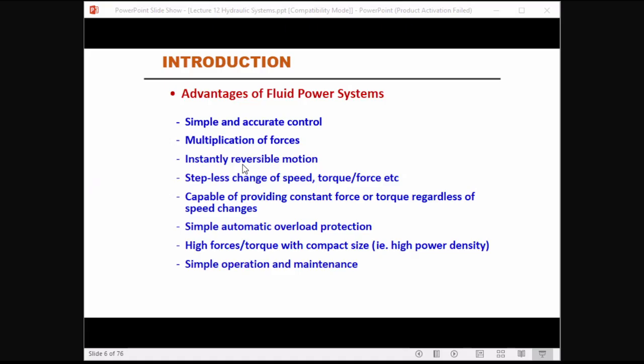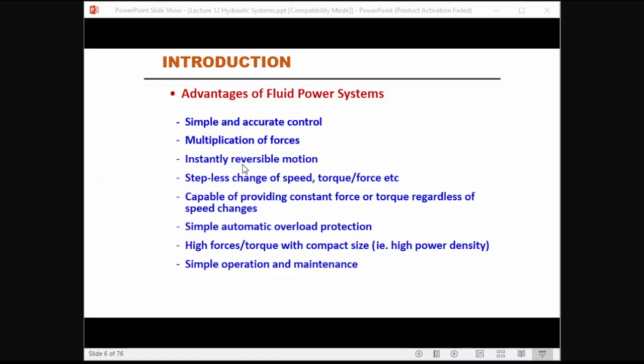You can handle using a small lever. You will give a small force to a lever, then output force is very large. Okay, this is a very helpful application in heavy machinery. We can see this multiplication of forces.